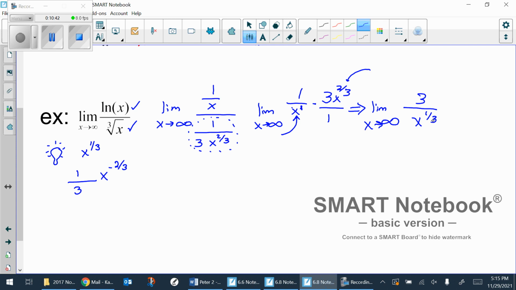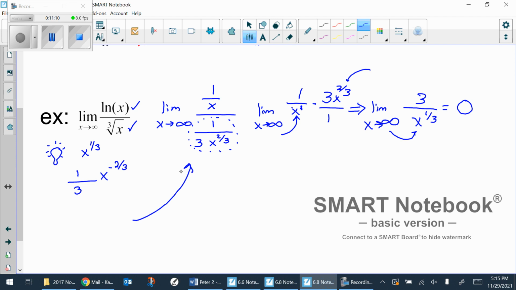So let's see, what do we get? As x gets huge, what's the cube root of huge? Still pretty big. And 3 divided by a really, really big number is going to get close to 0. So, yeah, with L'Hopital, there was a lot of manipulation involved here.